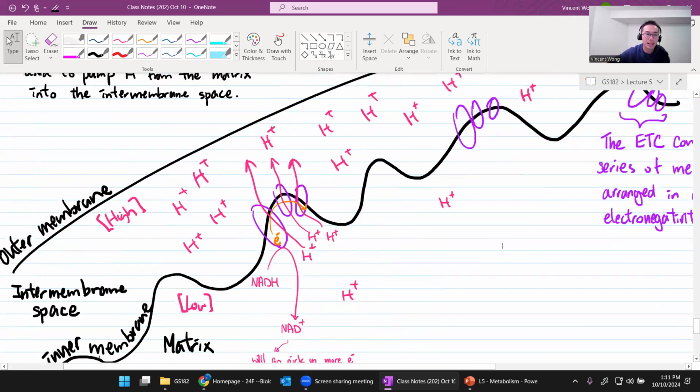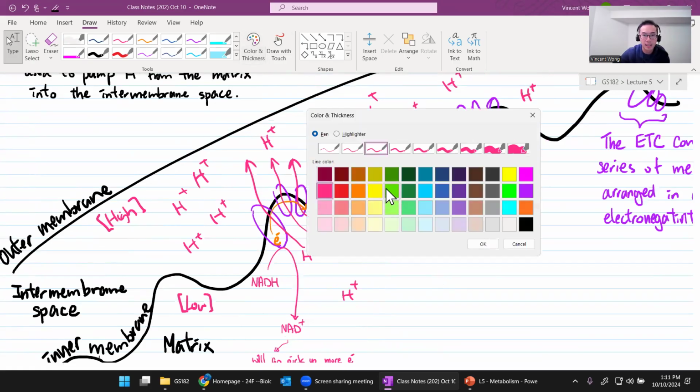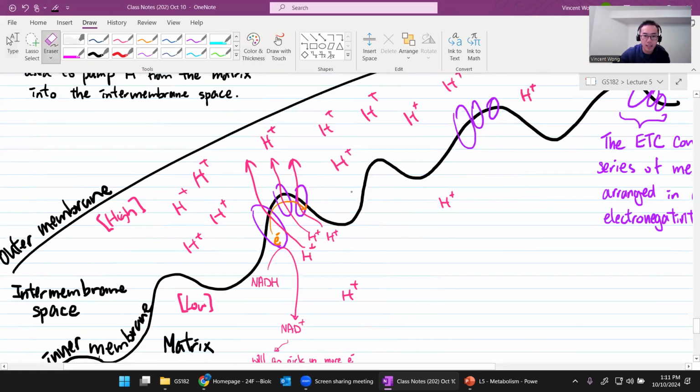And there is a special protein that is in the cristae, and it looks like a doorknob. It looks like the turbine that we drew. This is called ATPase, or sometimes called ATP synthase, depending on what you read.